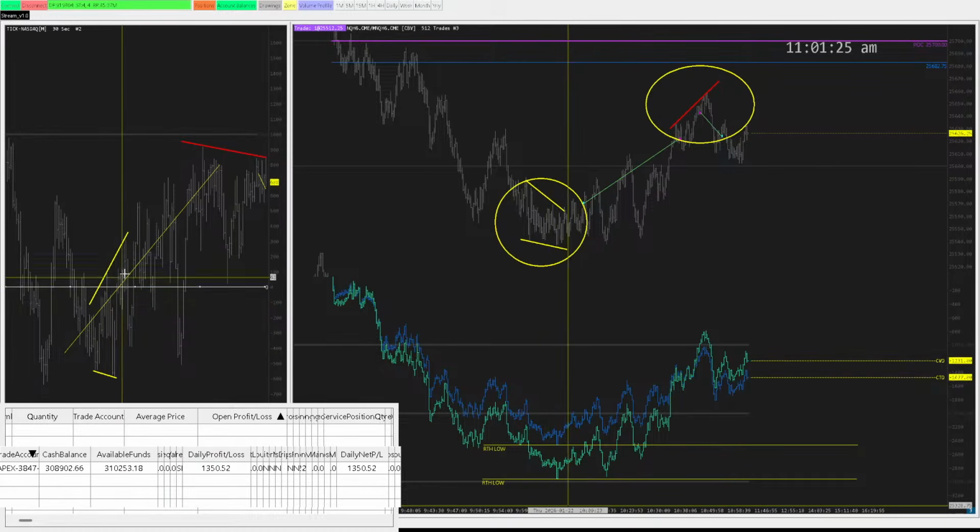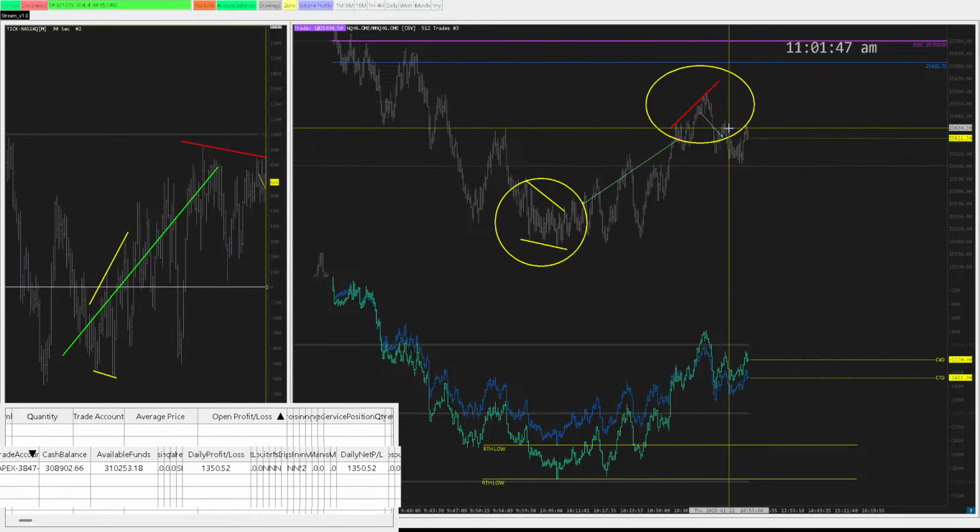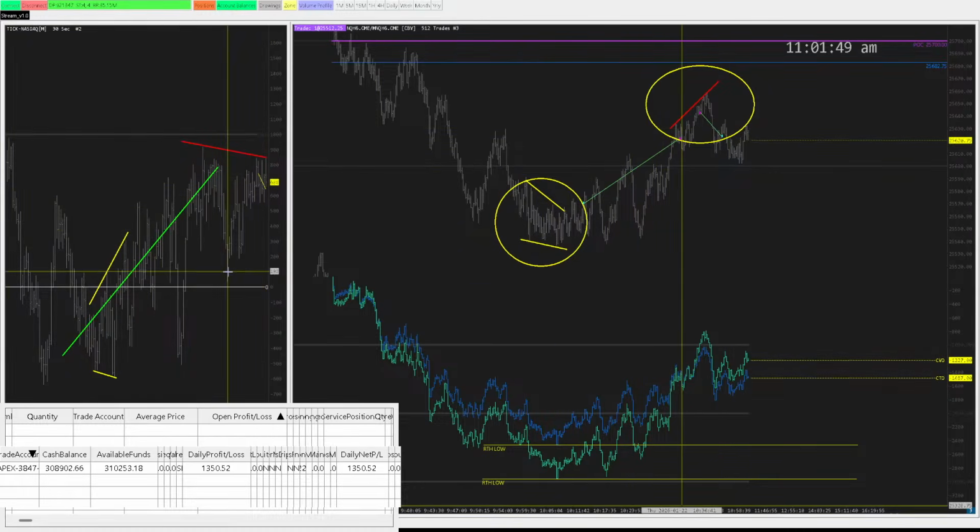Because I want to be in sync with the overall market. Right? If I'm trying to catch a long, I want to be in sync with the overall market. Because I know at some point, if the entire Nasdaq is swinging up, that the NQ will follow it.